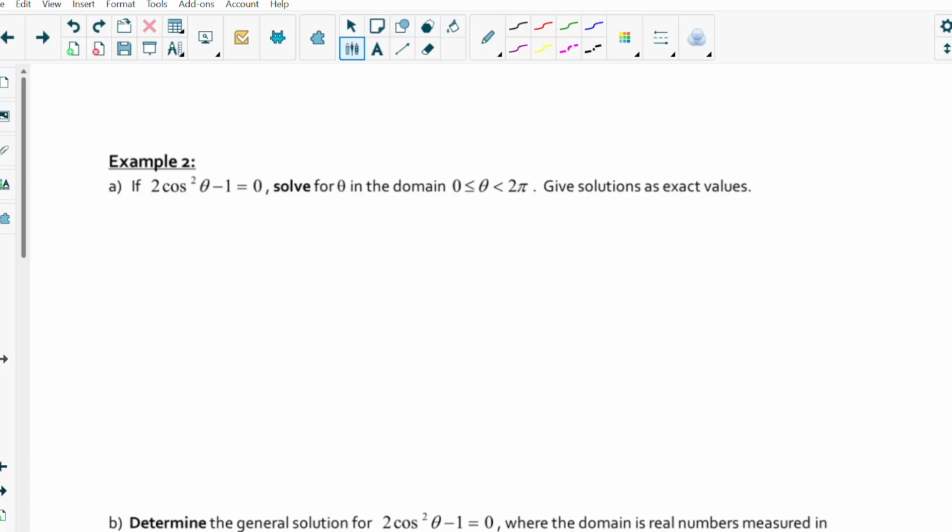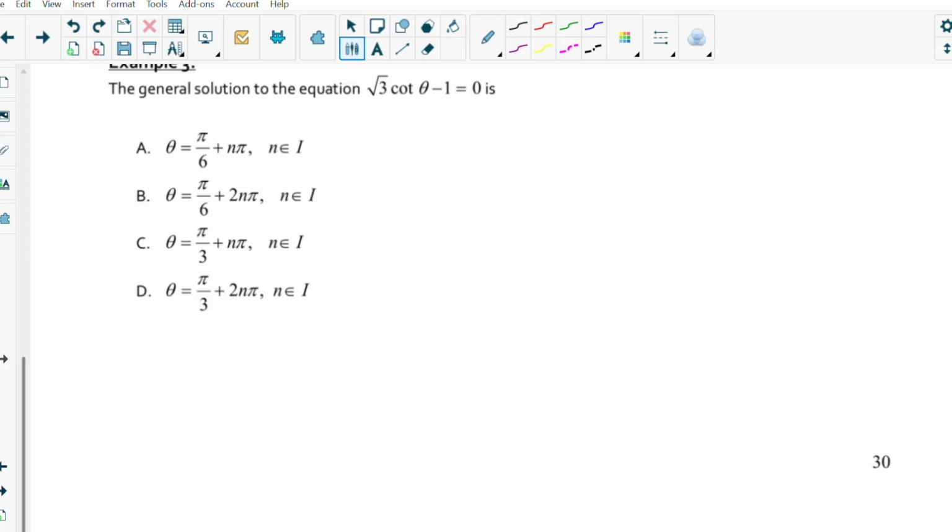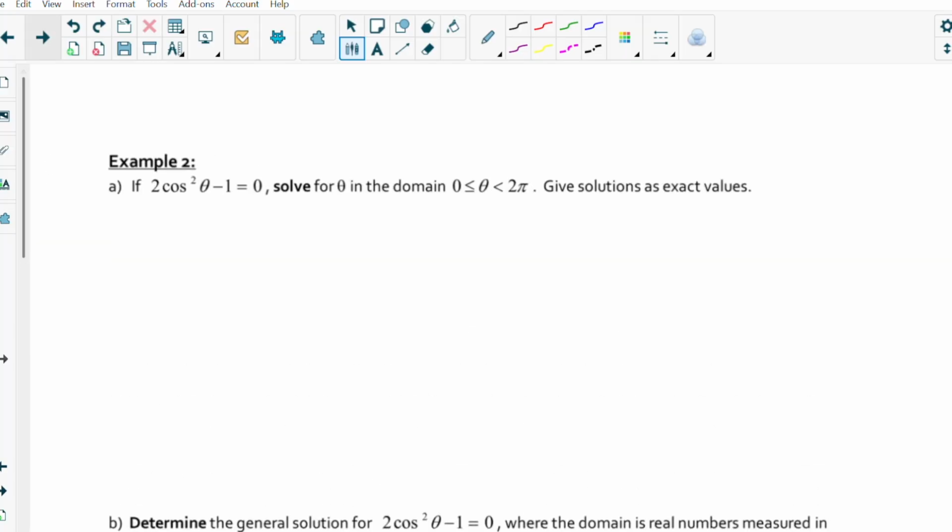Okay, next page, example 2. If 2 cosine squared of theta minus 1 equals 0, solve for theta in the domain 0 to 2 pi, and give solutions as exact values. So for this one, 2 cosine squared of theta equals 1. Cosine squared of theta equals 1/2.